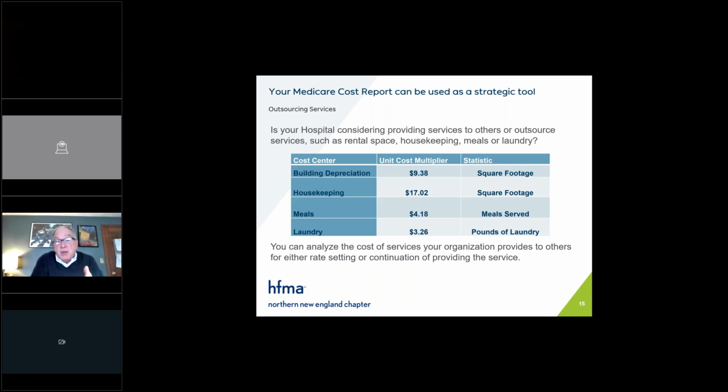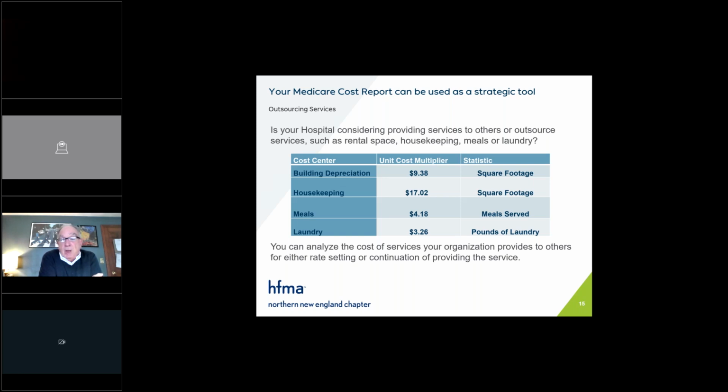And so you might use that number when you're out trying to outsource housekeeping, and they give you a number of what it's going to cost to provide housekeeping services. And then you can go back and you can compute what it's actually costing you per square foot, and you can compare it to what you're experiencing on the cost report. And the same for meals, and you can calculate out cost per meals from the cost report.